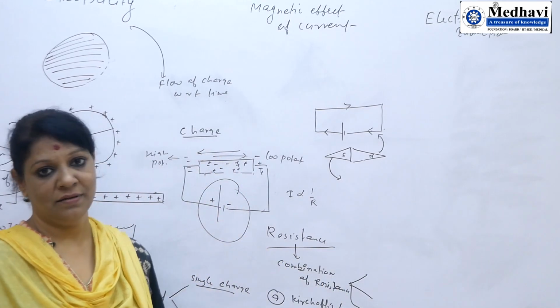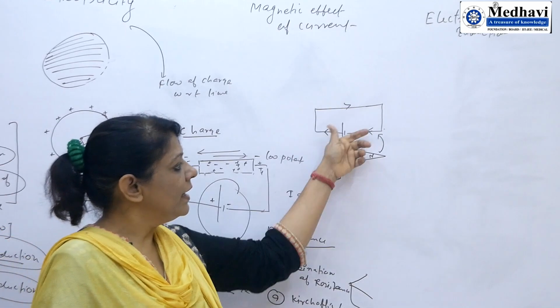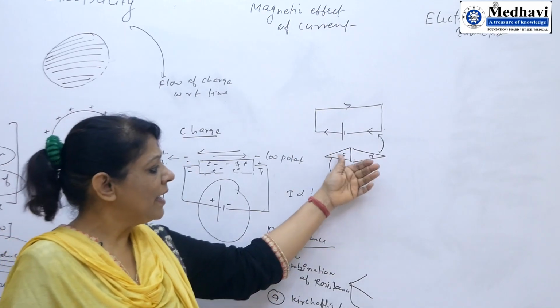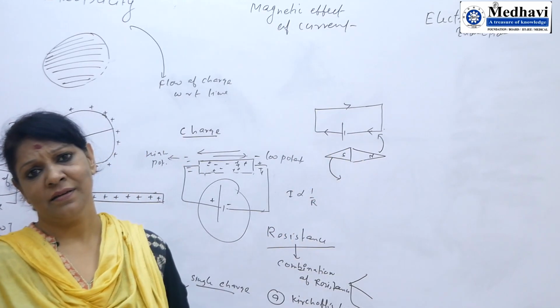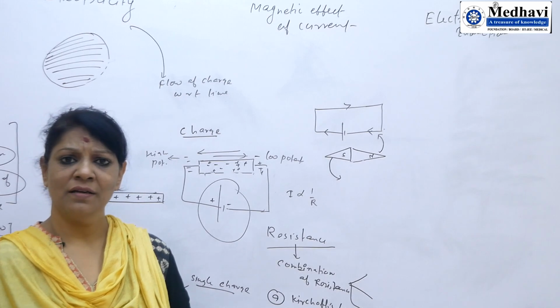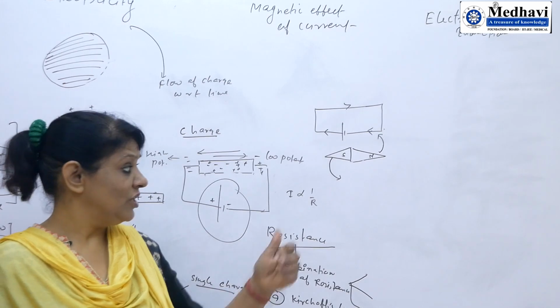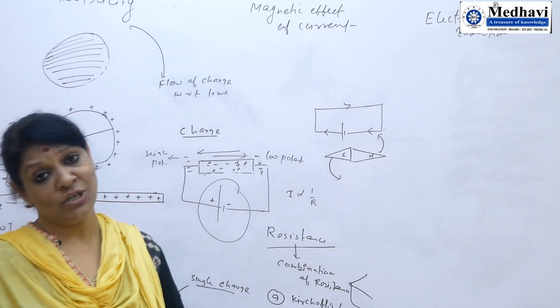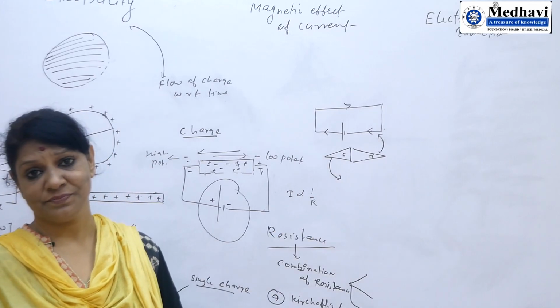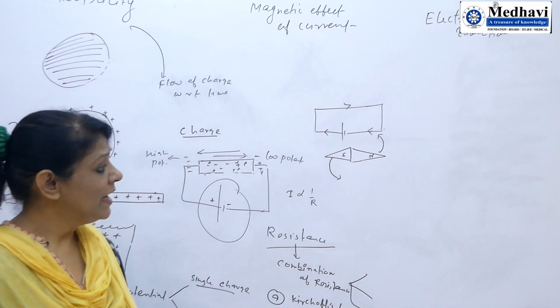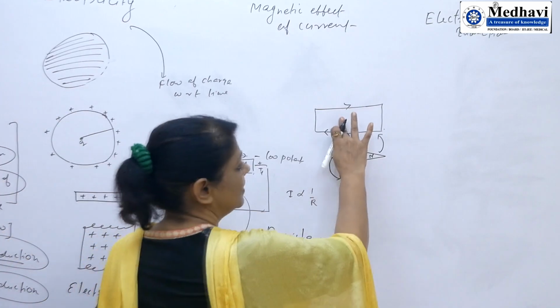What will happen? Here, current is flowing and this magnetic compass is deflecting. There is no magnet. So how will current be responsible for the changing of direction of the magnetic compass? What did he do?